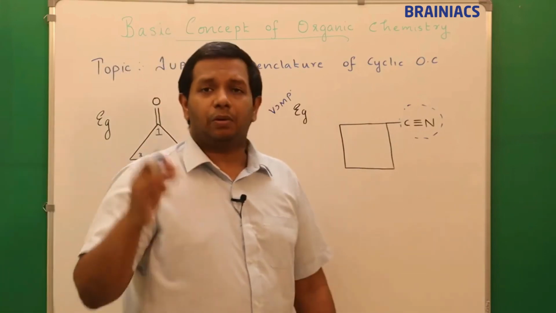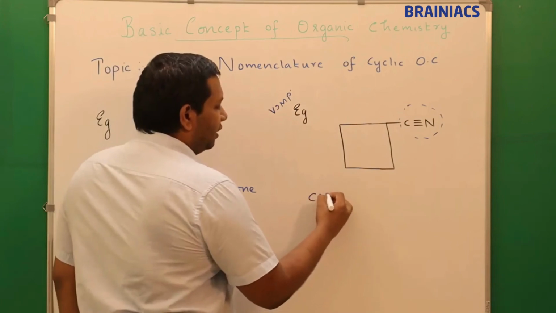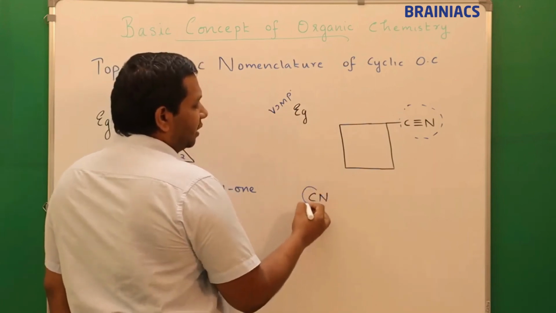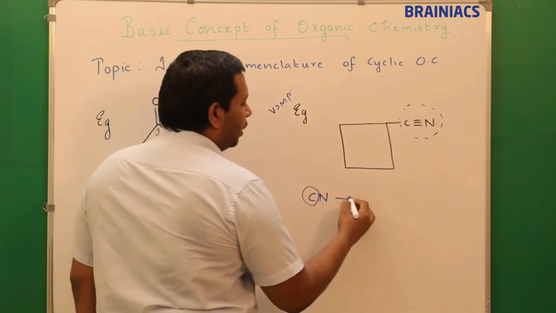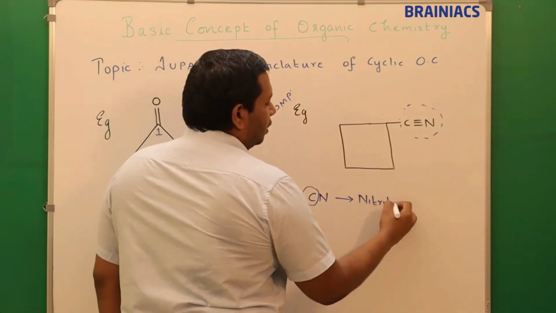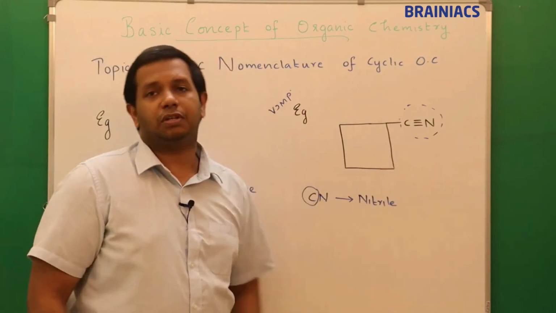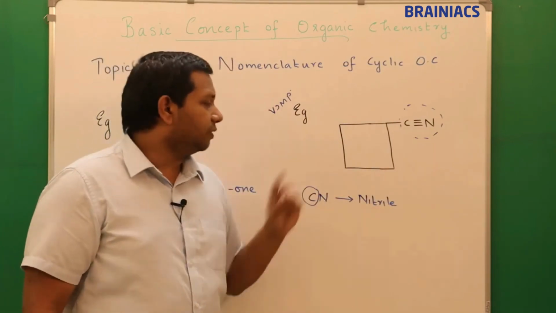So if you look at the priority table, they have shown that if the carbon in cyanide is included, then we use the suffix nitrile. If carbon is included means what? If carbon is included in the parent carbon chain, then we use the suffix nitrile.